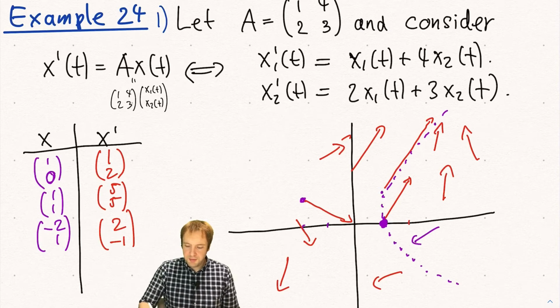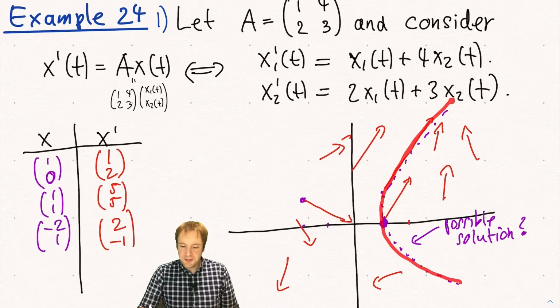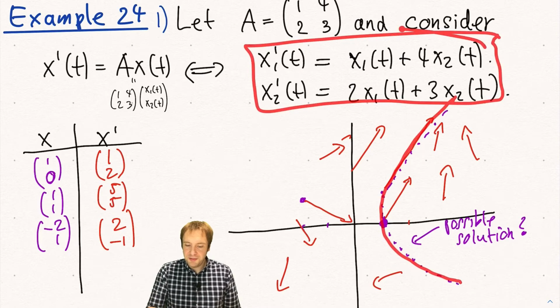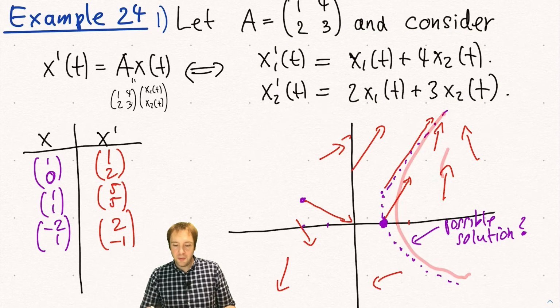So this will maybe be a possible solution, because a solution means we can find a function such that at each point the direction satisfies this equality here. So it follows these arrows at each point.